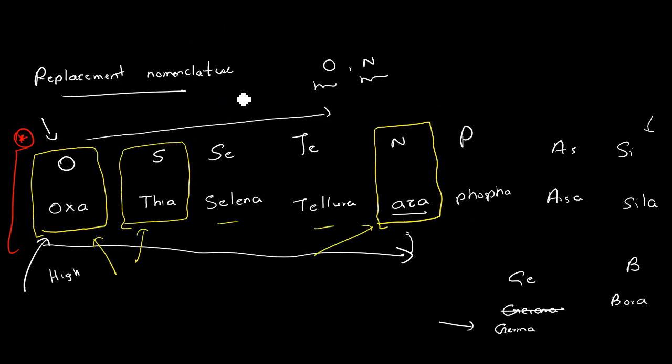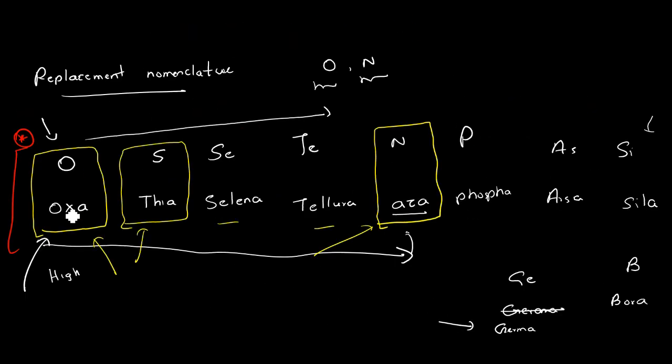In this case, the heteroatom is oxygen. There is only one oxygen. The word for oxygen is, sorry, I did something wrong, it's not ASA, it's OXA. Here, the word for oxygen is OXA.